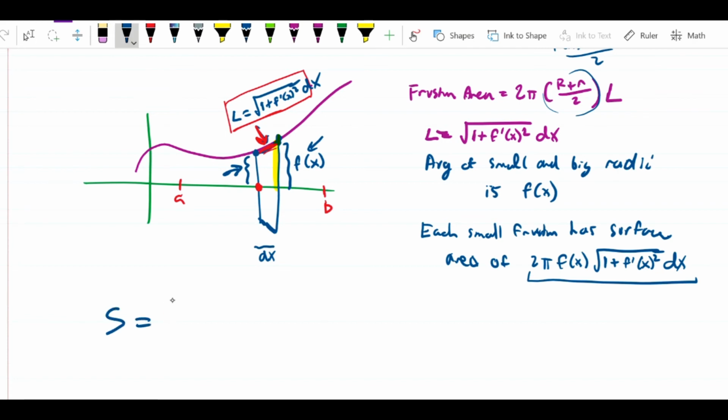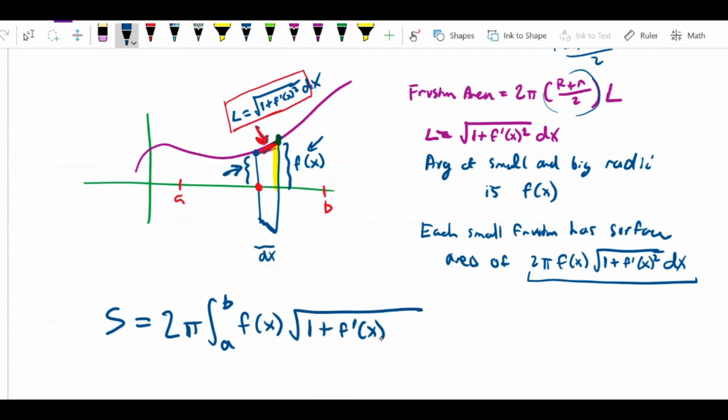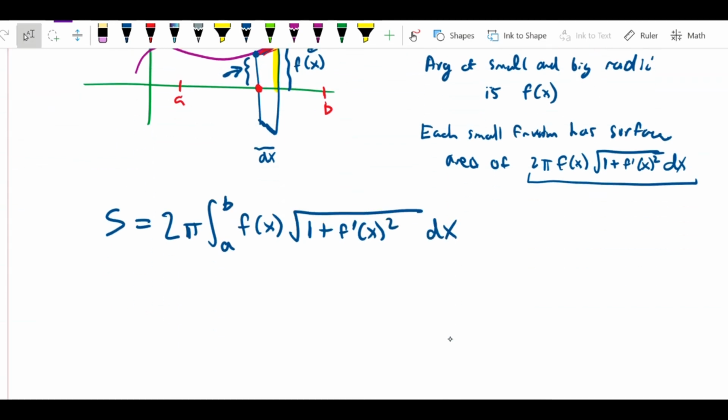The surface area is going to be 2 pi times the integral from a to b of f of x square root of 1 plus f prime of x squared dx. That's if we do it, of course, in the x direction. So this is revolve about the x-axis.